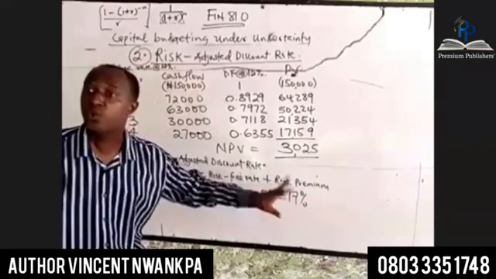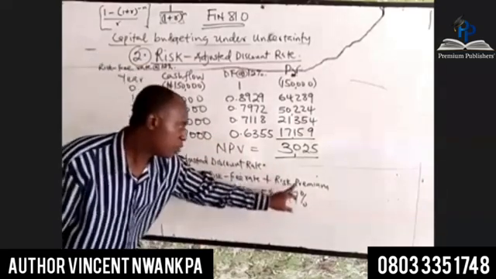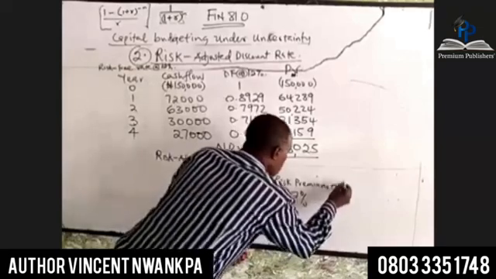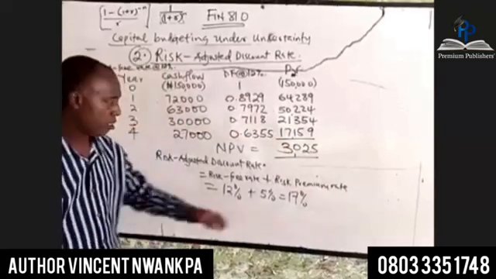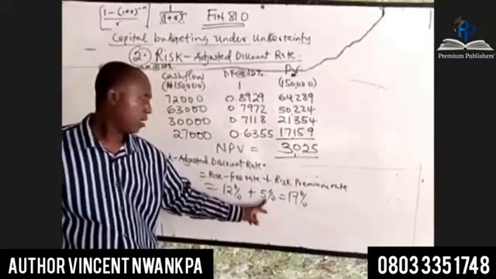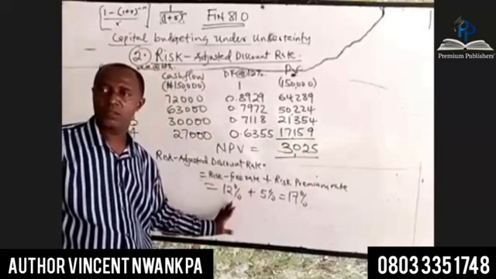We are given two rates. The risk premium rate is 5%, and the risk-free rate is 12%.